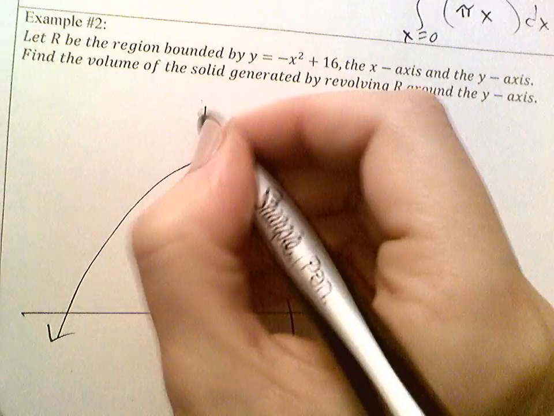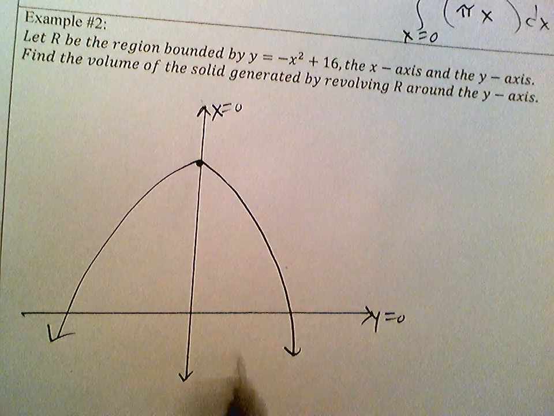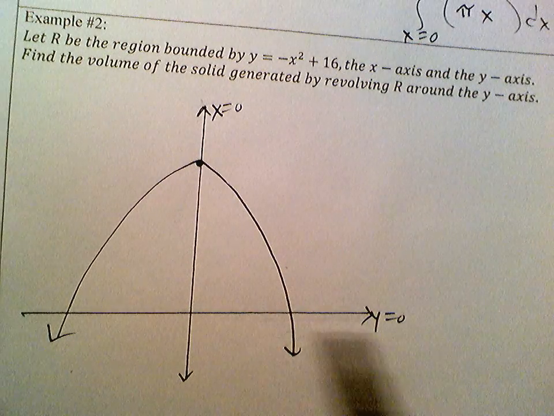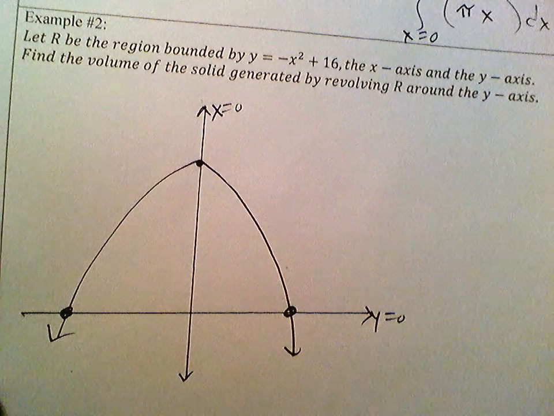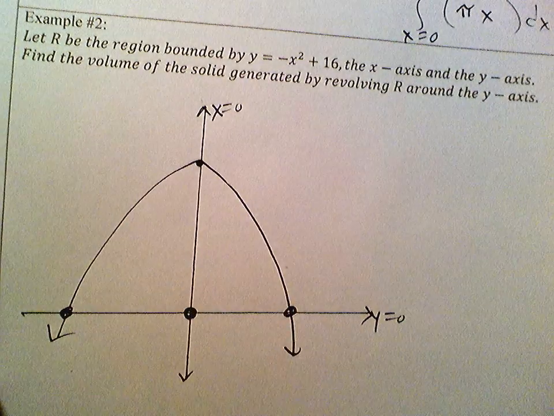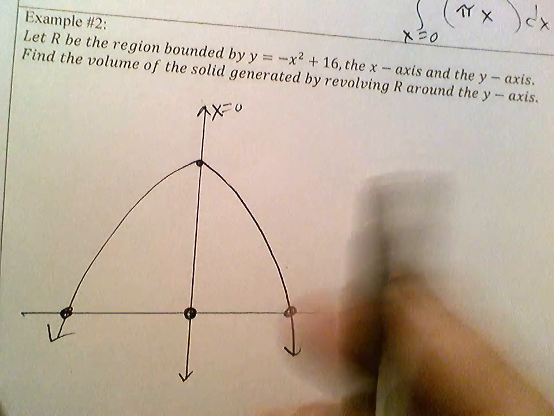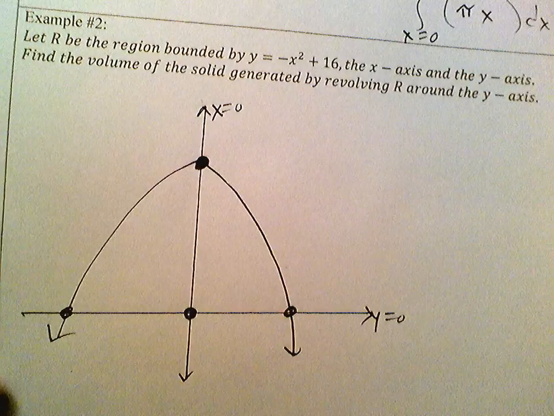And then the y-axis is here. That's the graph of x equals 0. So the x-axis intersects the parabola here and here. The x and y-axis intersect each other there. I have to put dots where all three of these intersect. And then the parabola is intersecting the y-axis there.